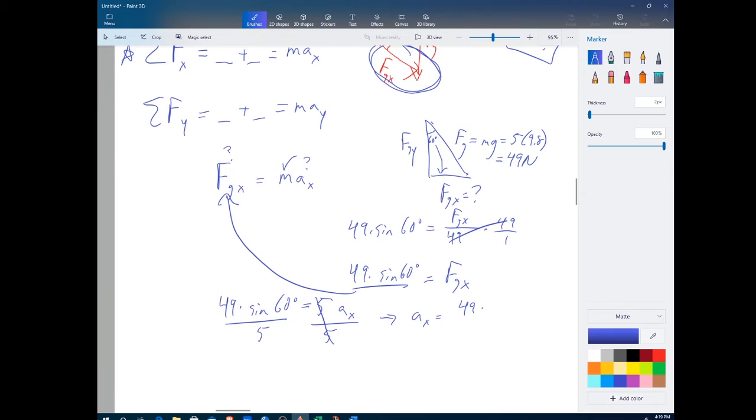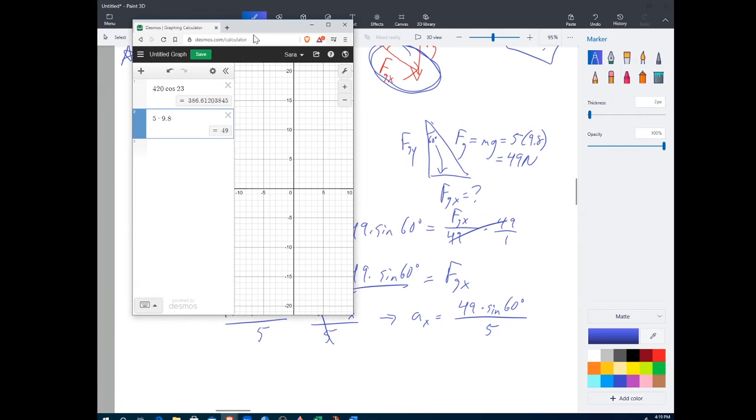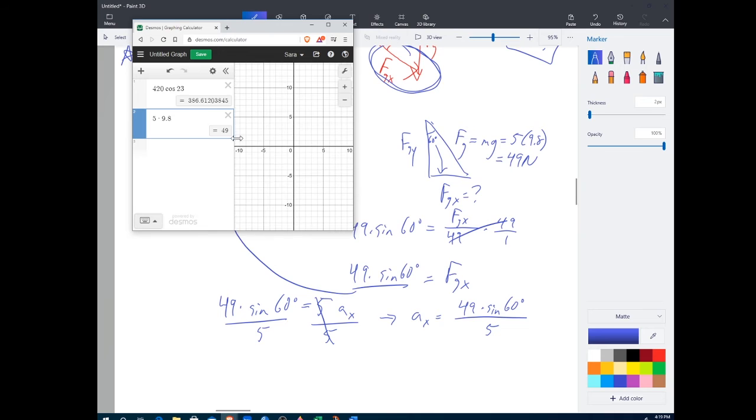You do have to be a little more careful, especially with fractions involved, to make sure that you are putting it in the calculator correctly. But beyond that, you're going to be fine. And of course you're using trig, so make sure you are in the proper units. So 49 times the sine of 60, all divided by 5.